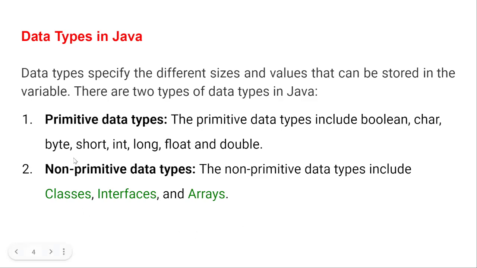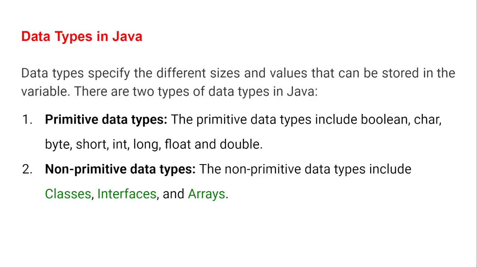Now, the data type. We have different types of values. For example, we have percentage in the form of decimal numbers, and we have numbers that are non-decimal, only whole numbers.